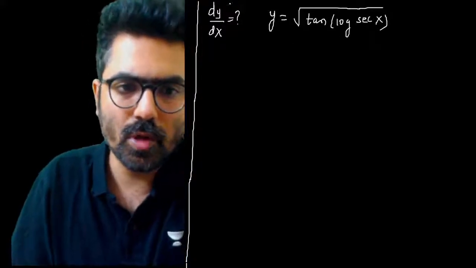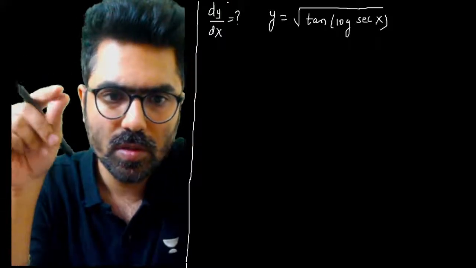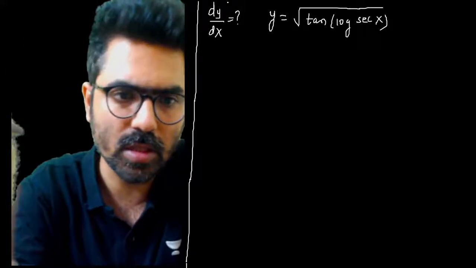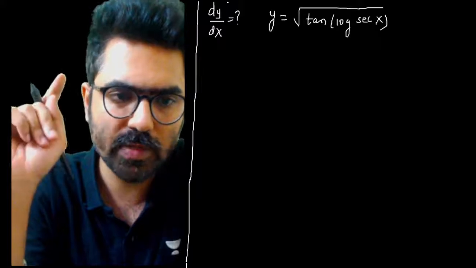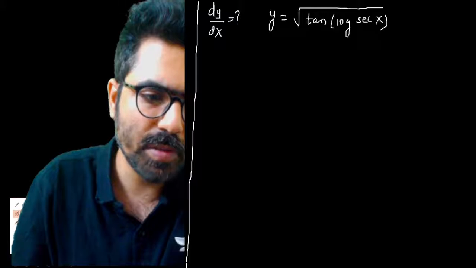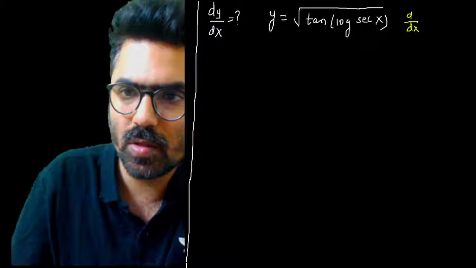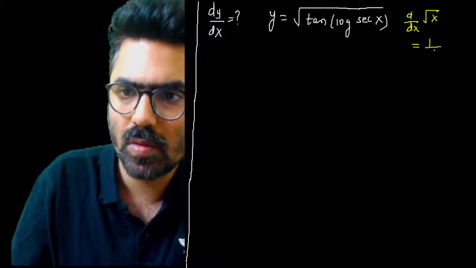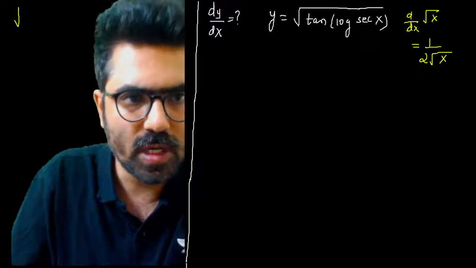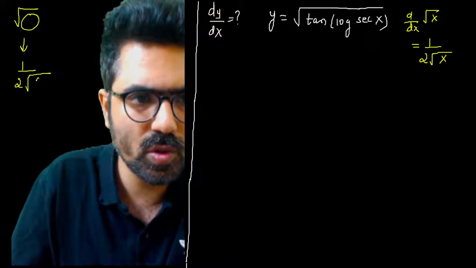So you need to observe here the outermost function, which right now is root. Root is the outermost part. Don't look at the innermost function, don't look at the tan, log, sec, nothing. Just look that root is there. सबसे बाहर root है. So the only part you have to remember is root का derivative क्या था. Root x का derivative was 1 by 2 root x. Whatever is inside the root, its derivative is 1 by 2 root of that part.